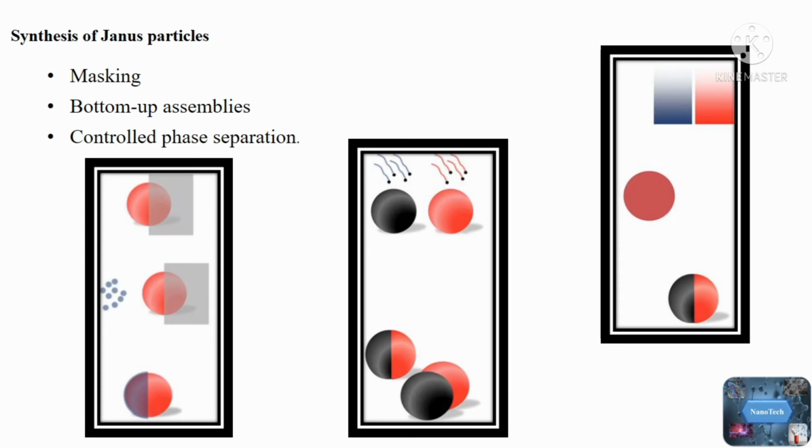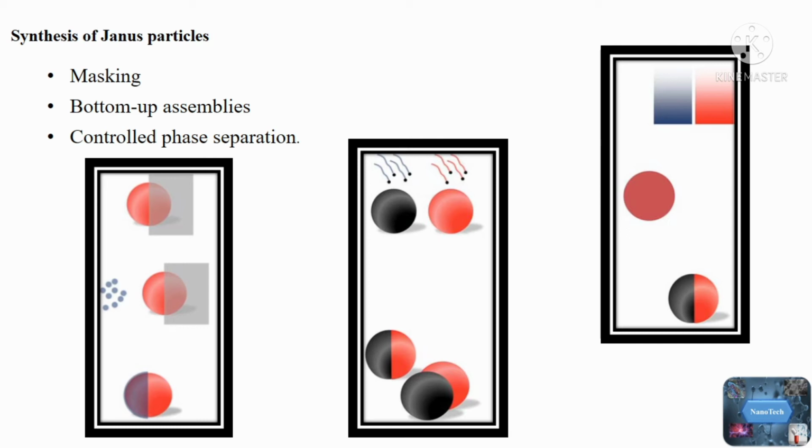Bottom-up assemblies. This method produces monomolecular Janus nanoparticles. The nature of the branching point, the number of primary branches, the density of radial branches, and the distribution of chemical moieties inside or on the surface of the macromolecule are the factors that control the properties of these materials. Next is controlled phase separation.